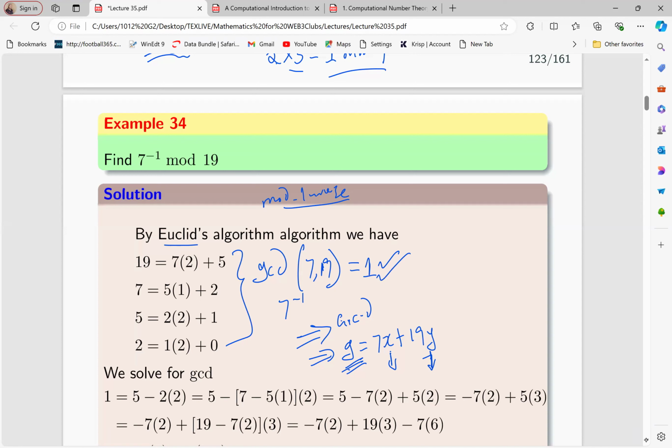If the GCD is 1, then it comes straight to this and gives you the inverse. What the extended Euclidean algorithm has already done, it goes there and picks the inverse for you. If the GCD is not equal to 1, it tells you that there is no inverse for that function.